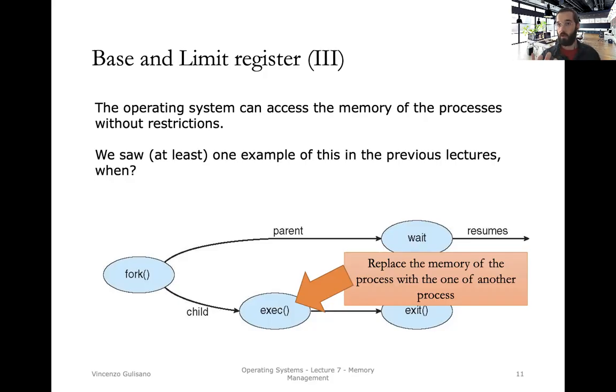And you can imagine the operating system is the one doing this, and that's why you give power to the operating system through the system call fork when you create a new process, or in this case through exec when you want to replace the memory of the new process.